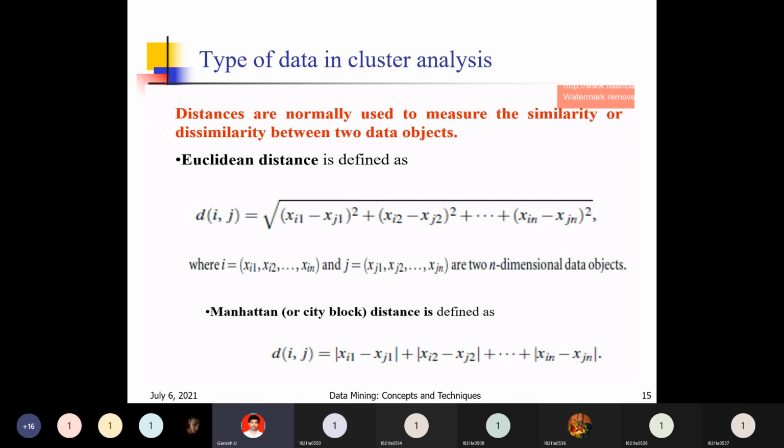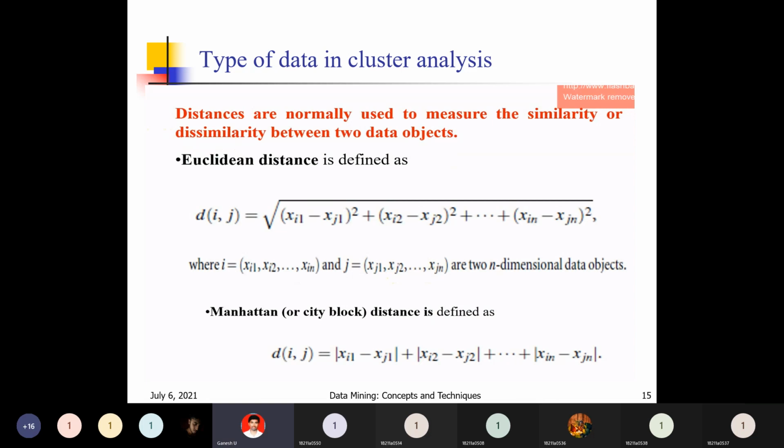In this way we find the difference between two objects. i is one object, j is the other object. i equals xi1, xi2 and so on up to xin, and in the same way j equals xj1, xj2 and so on up to xjn, are two n-dimensional data objects. We find the Euclidean distance between them using this formula.